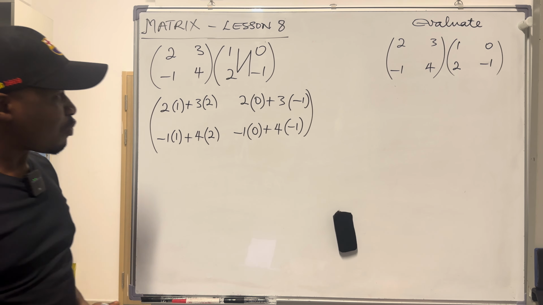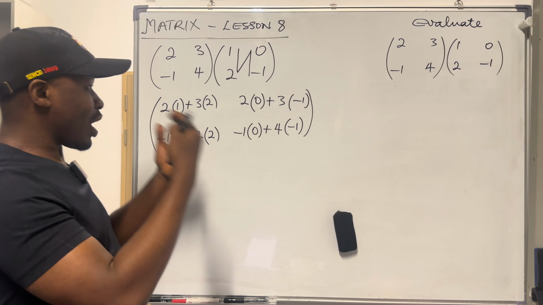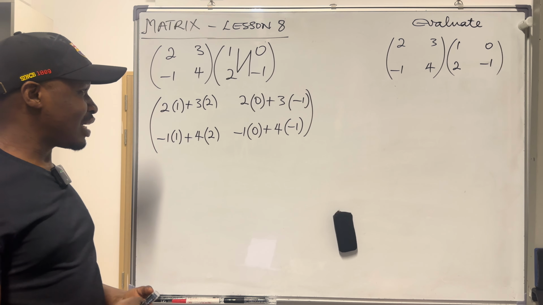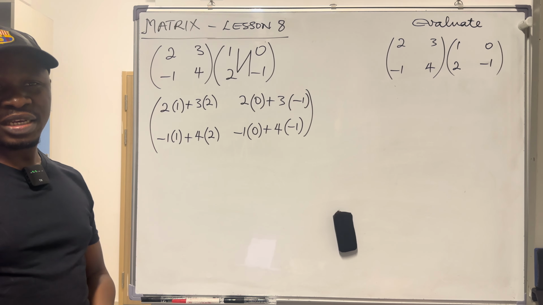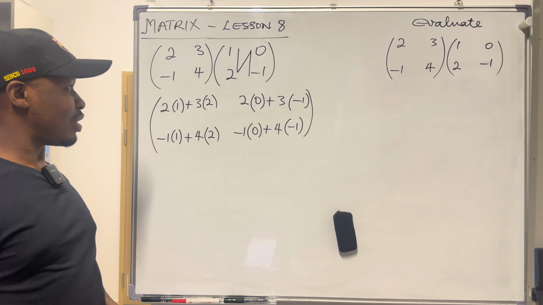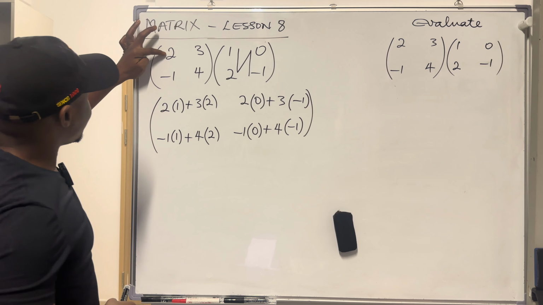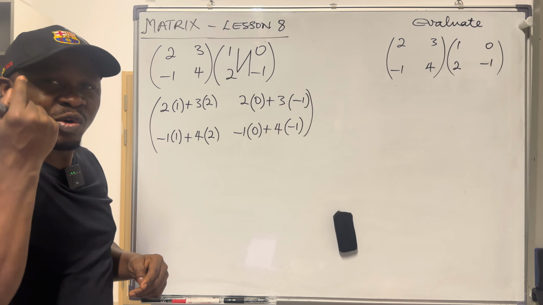Before you continue, one thing about matrices is that after you have gone far and you realize that you've made a mistake, going back and starting all over again is boring and hectic. So before you continue, observe the pattern here. 2, minus 1, 3, 4. Memorize it for just seconds.